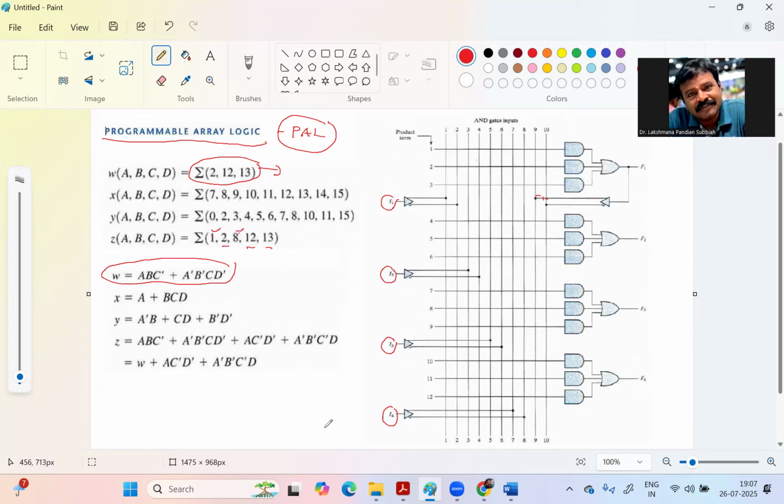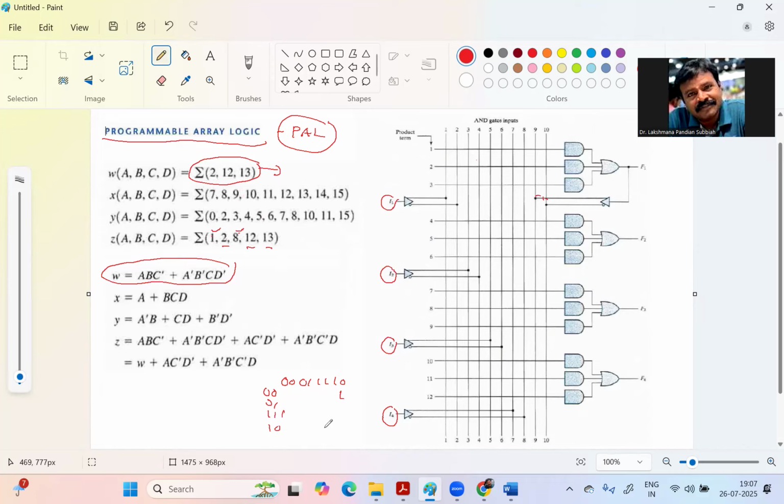How is it in the Karnaugh map? We go 00, 01, 11, 10 on both axes. Here the minterm 2 is 1, 12 is 1, and 13 is 1.